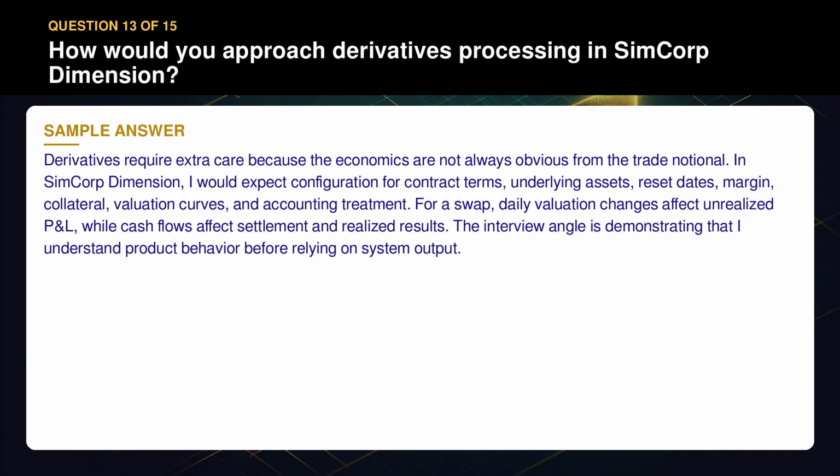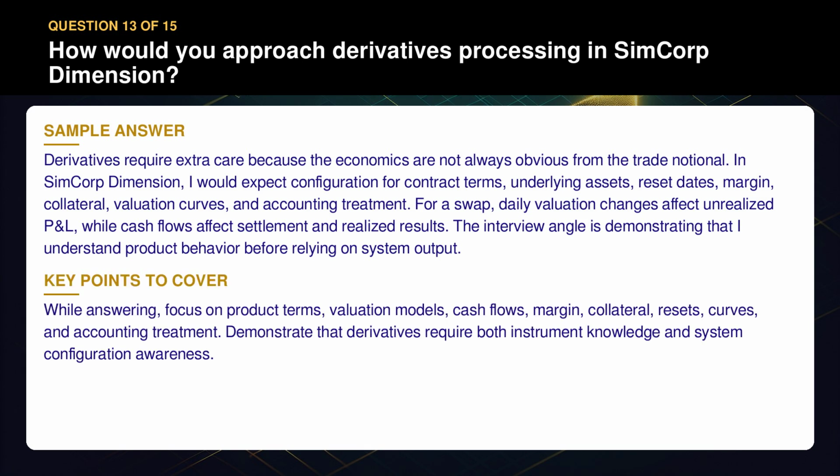For a swap, daily valuation changes affect unrealized profits and losses, while cash flows affect settlement and realized results. The interview angle is demonstrating that I understand product behavior before relying on system output. While answering, focus on product terms, valuation models, cash flows, margin, collateral, resets, curves, and accounting treatment. Demonstrate that derivatives require both instrument knowledge and system configuration awareness.